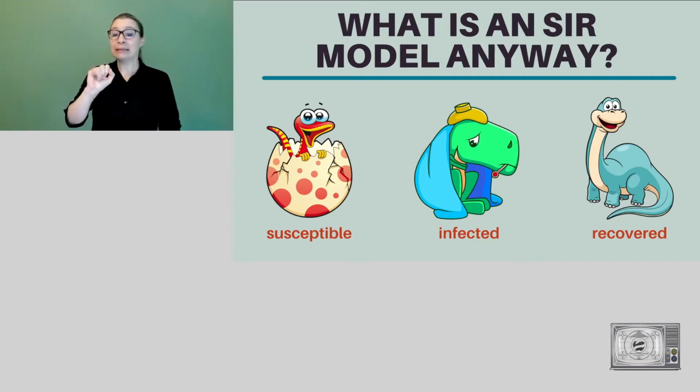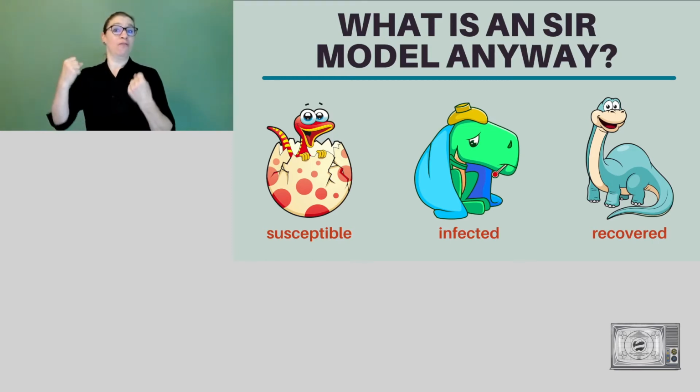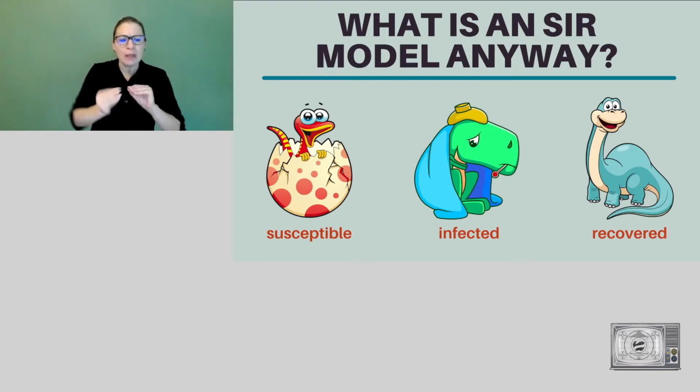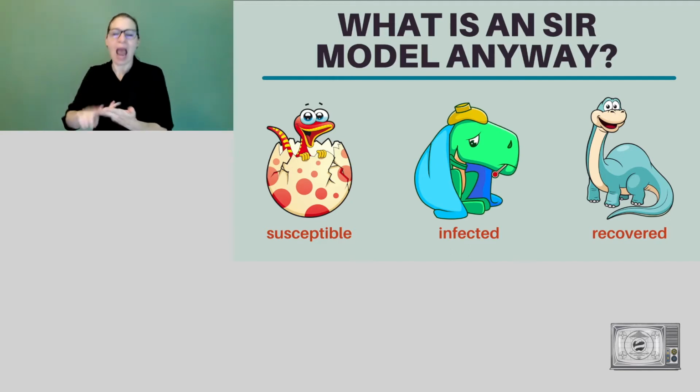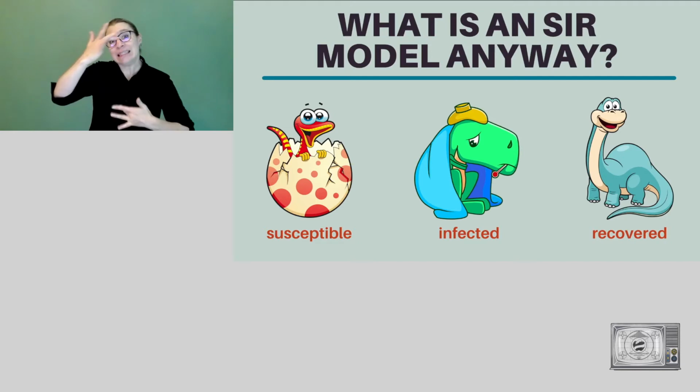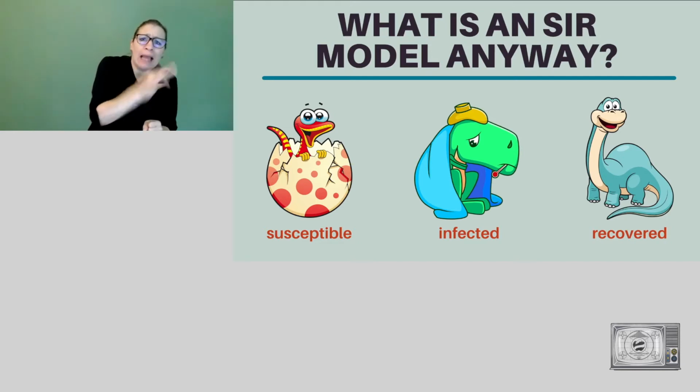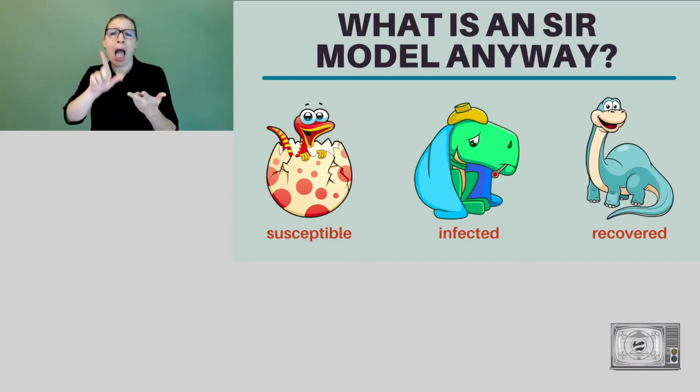SIR stands for Susceptible-Infected-Recovered modeling, as they track the number of susceptible, infected, and recovered individuals in a population for a given disease system. This disease system could be COVID-19, malaria, Lyme disease, you name it, there's a disease system for it.